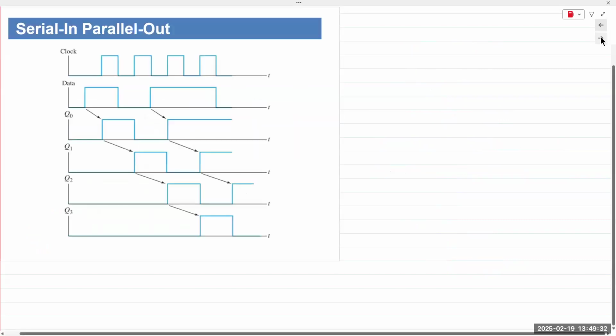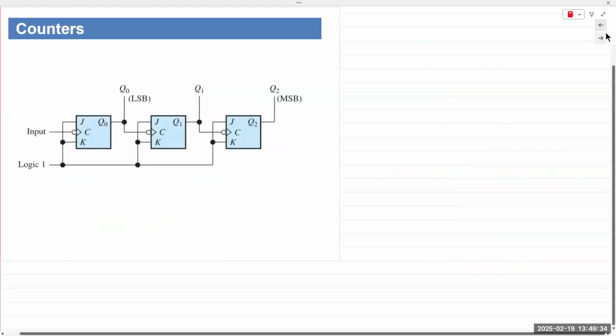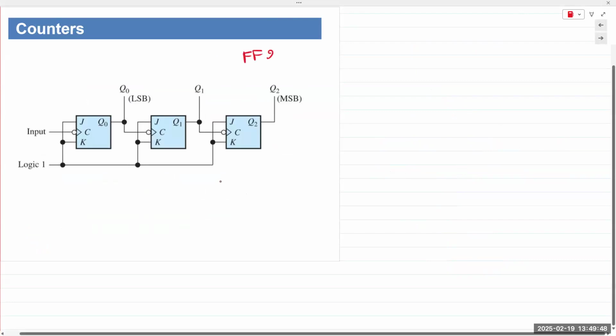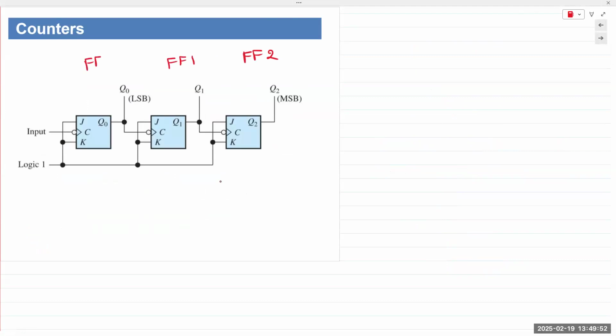What I want to show you is the implementation of this JK flip-flop. If you look at this flip-flop circuit, each one of these is a JK flip-flop. Let's call them flip-flop 2, flip-flop 1, and flip-flop 0.